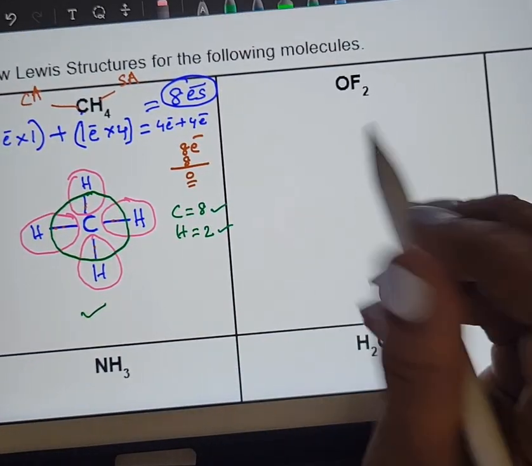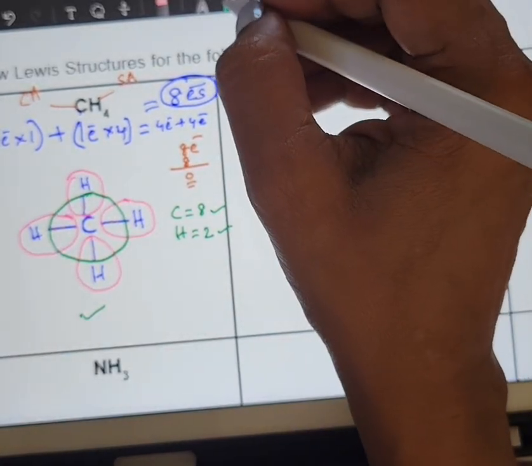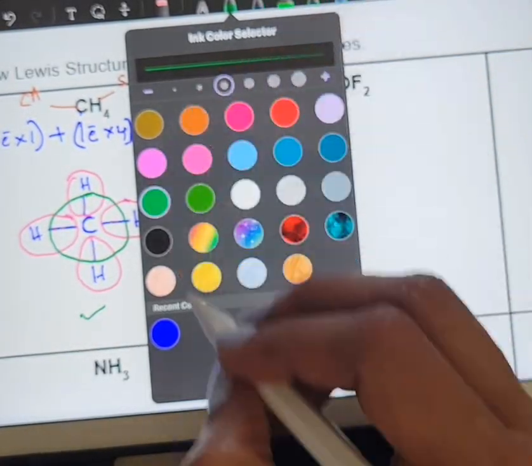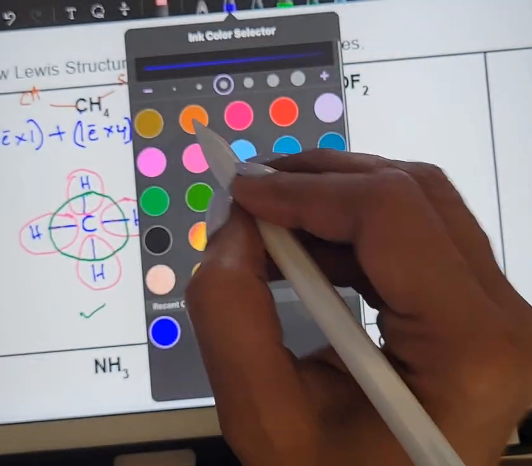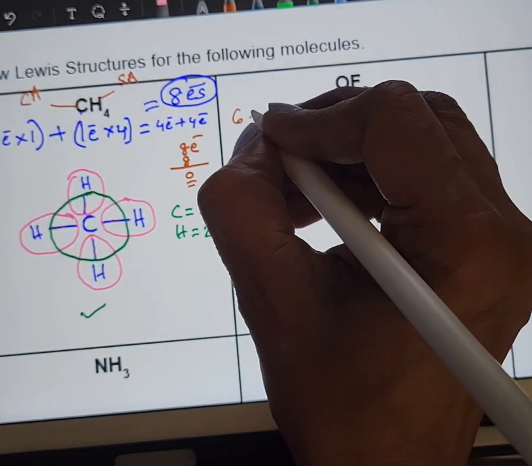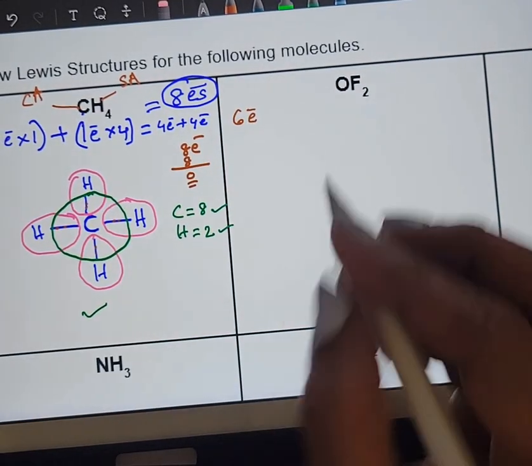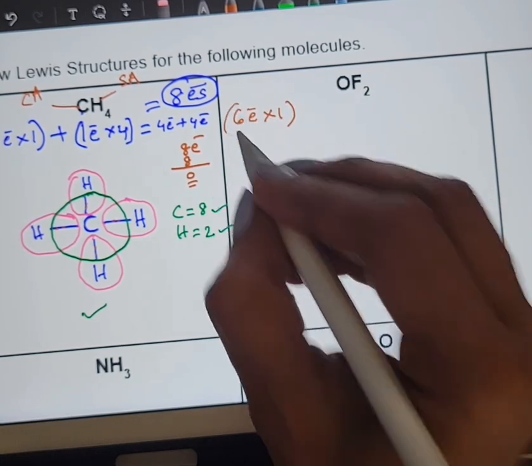OF2. First step, calculate the valence electrons. For calculating, I'll use a different color. That will be good for you. Oxygen has 6 electrons, and there is only one oxygen, so I will multiply that with 1.